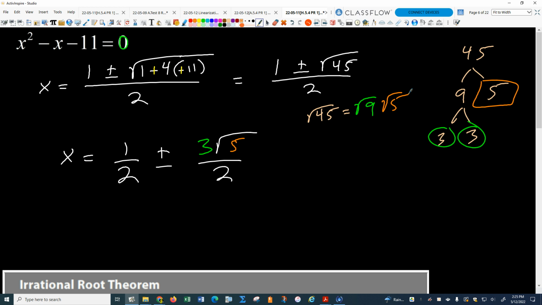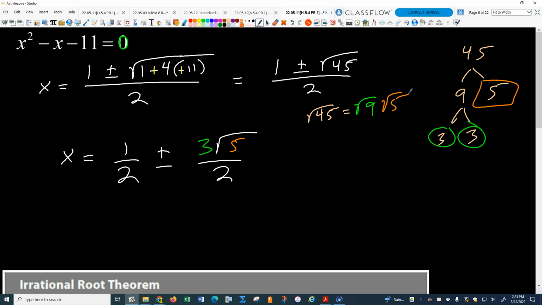Okay? I want you to notice something here. There's another important relationship going on that gives us some clues as to the nature of the solutions of these polynomial equations. I got real solutions here, 2 real solutions.